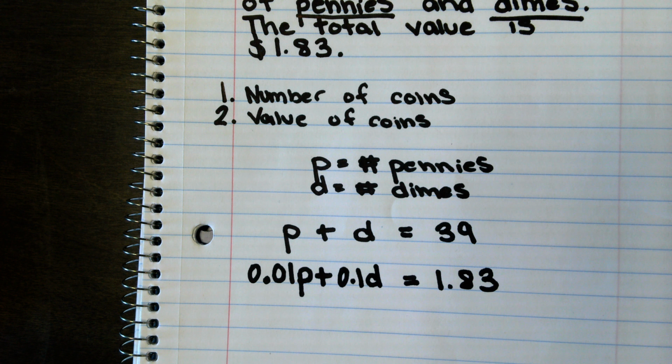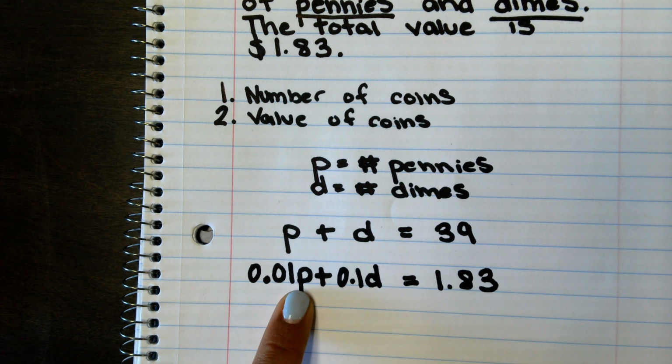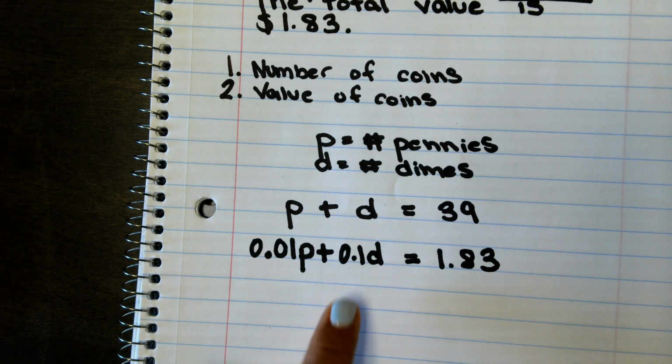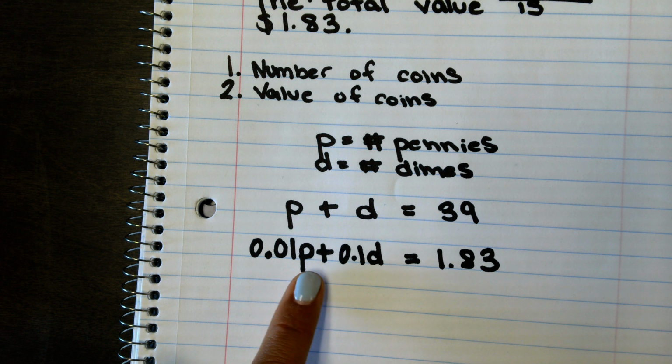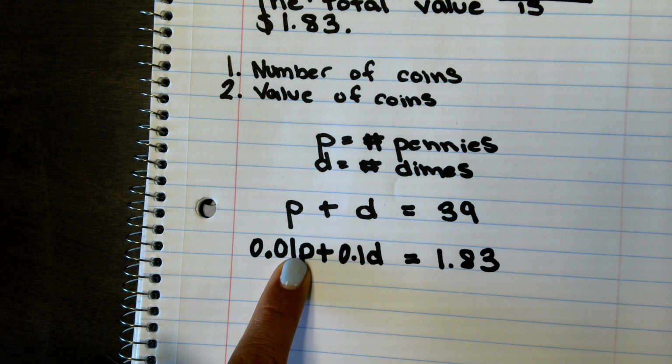Okay, so something that can be really helpful here, so you don't have to deal with these decimals, is to multiply through by a number that will clear the decimals. So I'm going to find the smallest decimal, which is this one right here. I would have to multiply this by 100 to move that decimal place over 2 times, right?